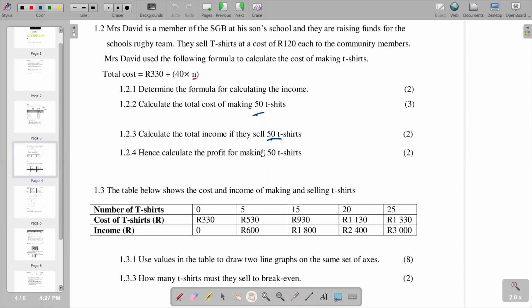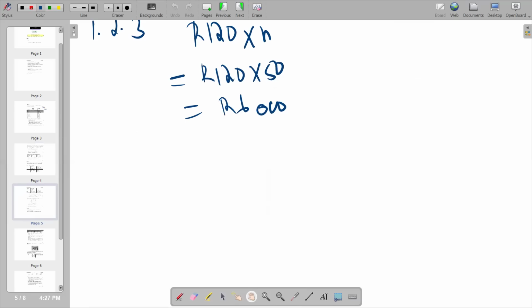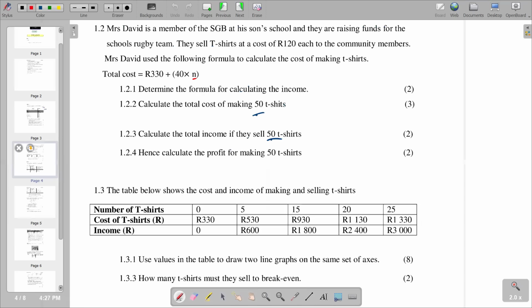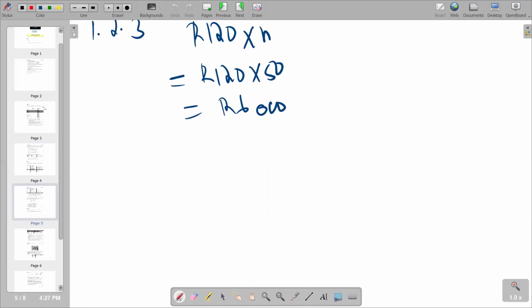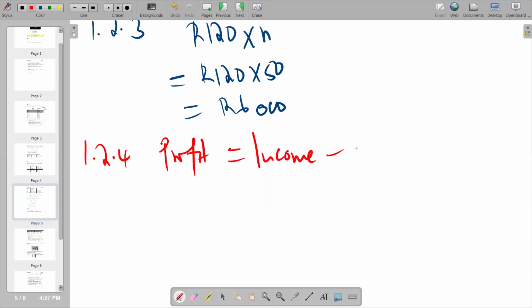Let's calculate the profit for making 50 t-shirts. So we now have the total cost for 50 t-shirts and the total income for 50 t-shirts. So obviously to find the profit, we are saying profit is equal to income minus cost. We calculate the income here, we got 6,000.